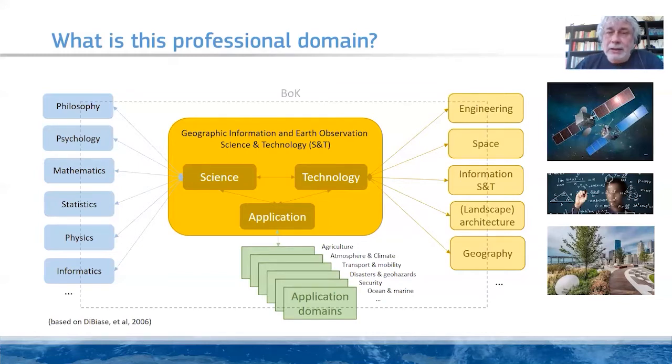And then you can see here the dotted line. So it's not only in the narrow sense that we will look in the BoK for the GI and Earth observation domain, but we will also have these hooks to these other sciences and these other technologies, and also to the application domains that will be, in a certain sense, integrated.